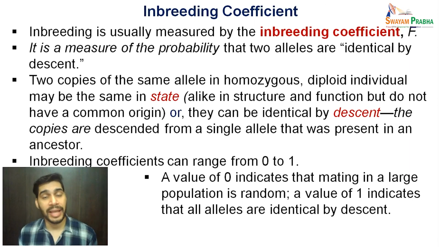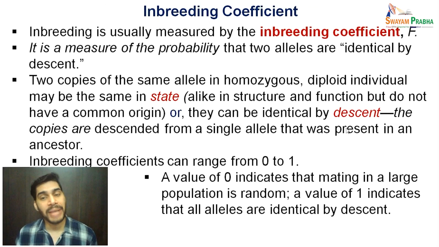To measure that, there is something called the inbreeding coefficient, depicted by capital F. It is a measure of the probability that two alleles are identical by descent. The two copies of the same allele in homozygous diploid individuals may be the same in state, that means in terms of structure and function they are alike but do not have a common origin.